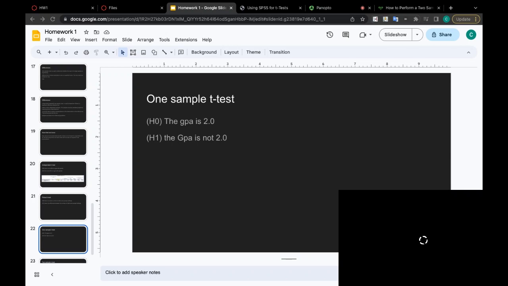What was our thing? GPA. We're checking the GPA. Since we're only checking one value, is it 2.0? This is what we're looking for. This is the value that we're expecting. This is everything that we need.